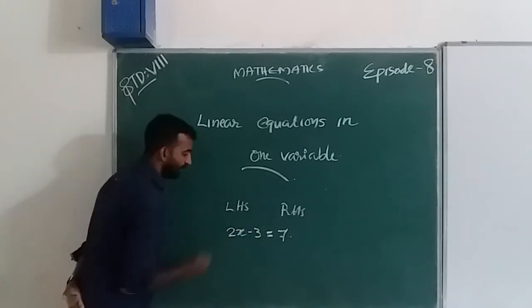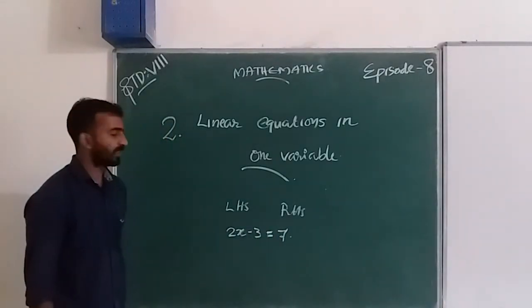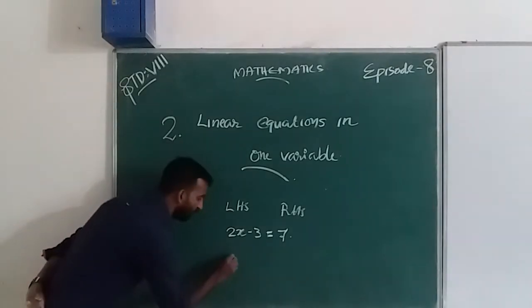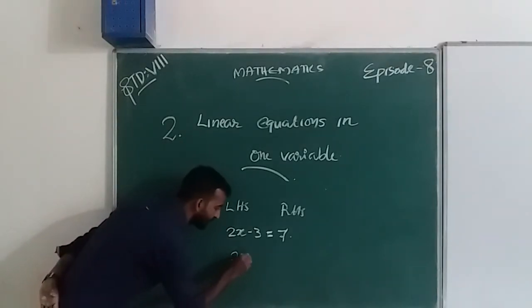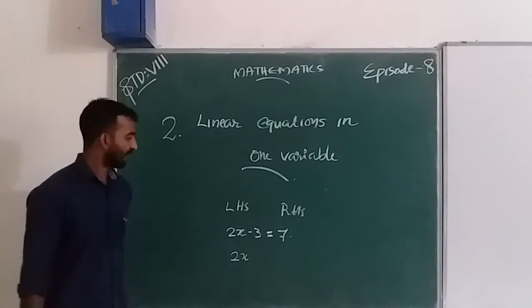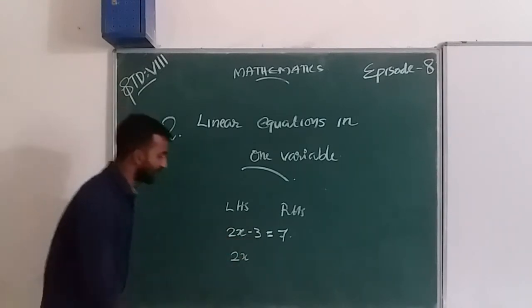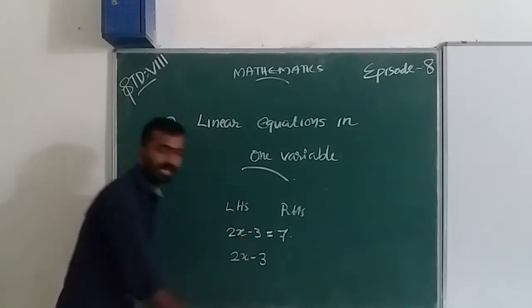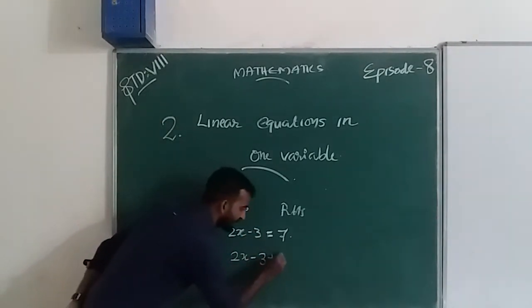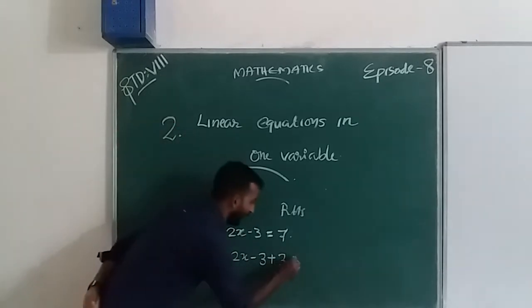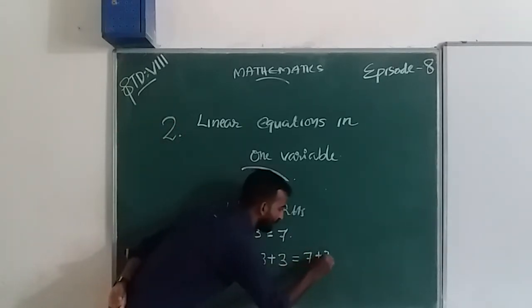Let us see how to find it. First we take 2x minus 3. The first step is to add 3 on both sides: minus 3 plus 3 equal to 7 plus 3.